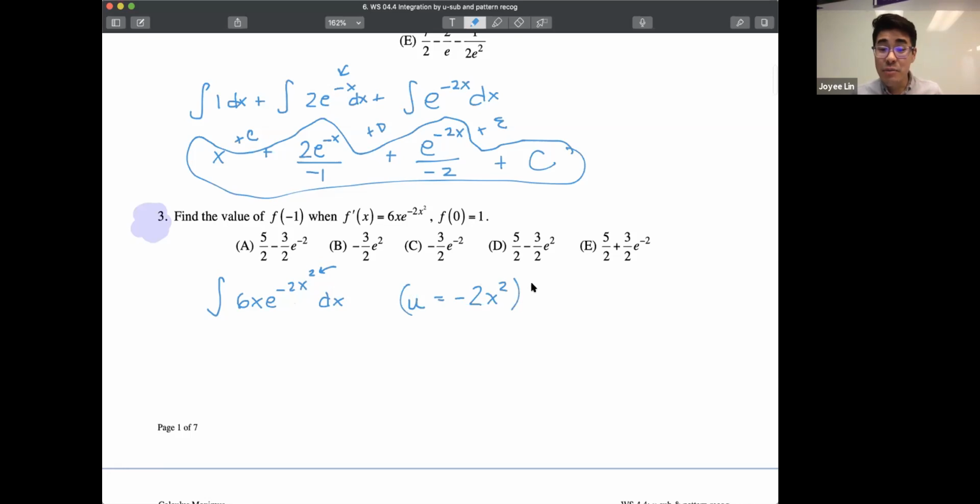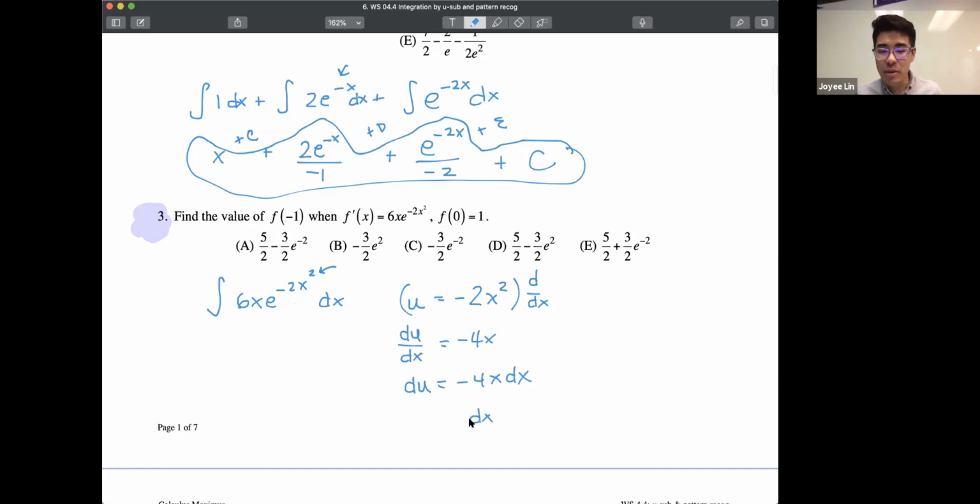Take the derivative of both sides with respect to x. So I get du dx is equal to negative 4x. I can multiply both sides by the dx, so I get du is equal to negative 4x dx.